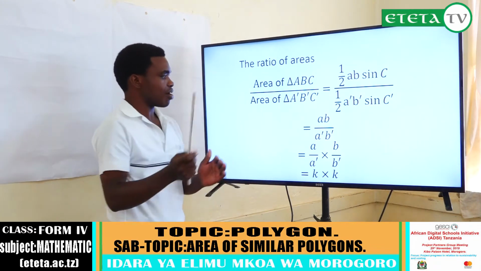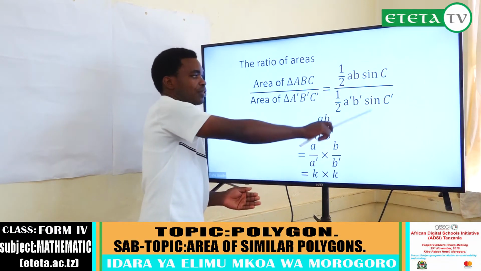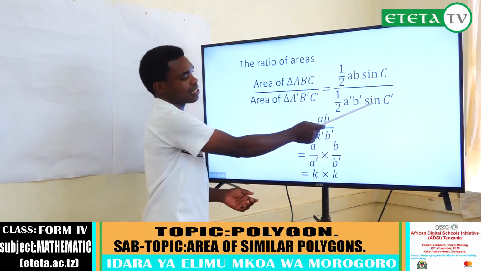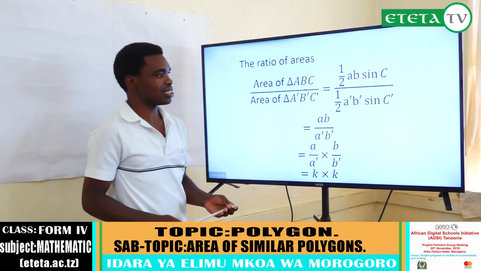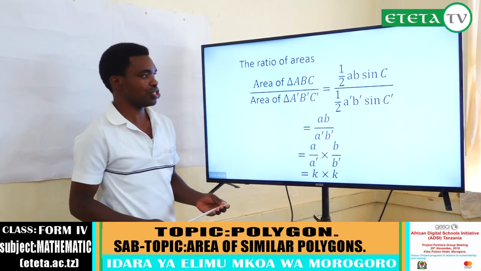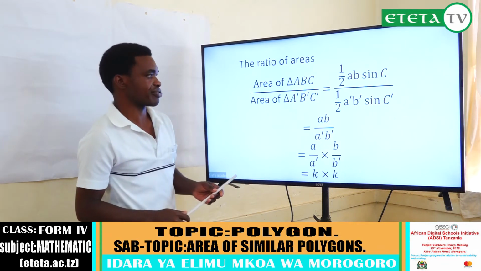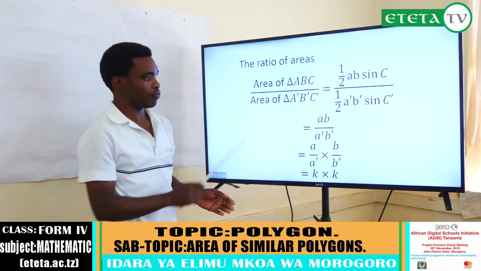Since our concern is to find the ratio, here sine C and sine C dash are equal, also because C and C dash must be equal since we are dealing with similar triangles. Therefore, they are going to be cancelled.